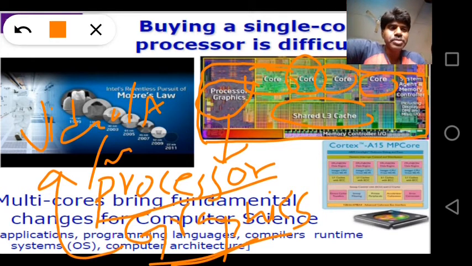Now, it is quite possible that each core can have its own local memory, that is cache memory, or all the cores can have a shared cache. Remember, here we have shared main memory also. They have shared main memory as well as shared cache.